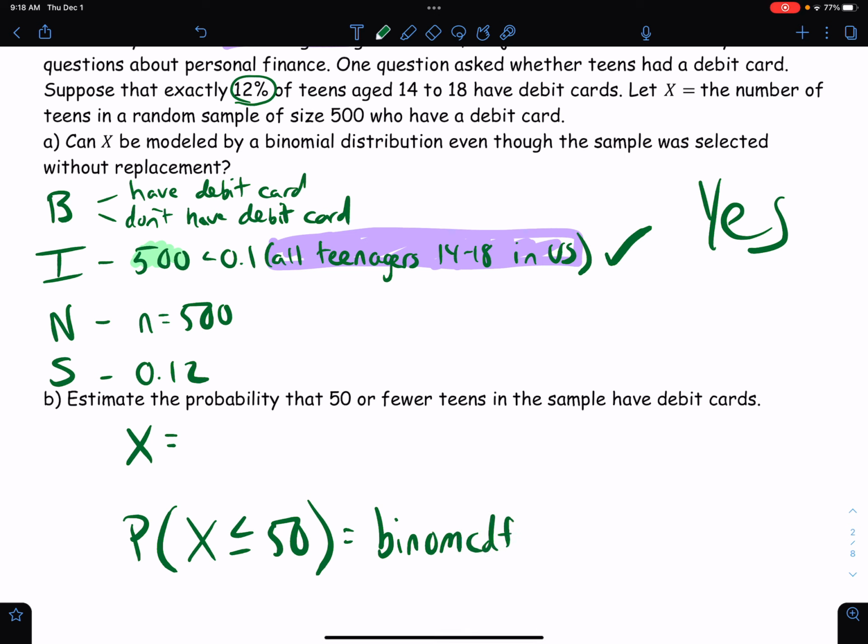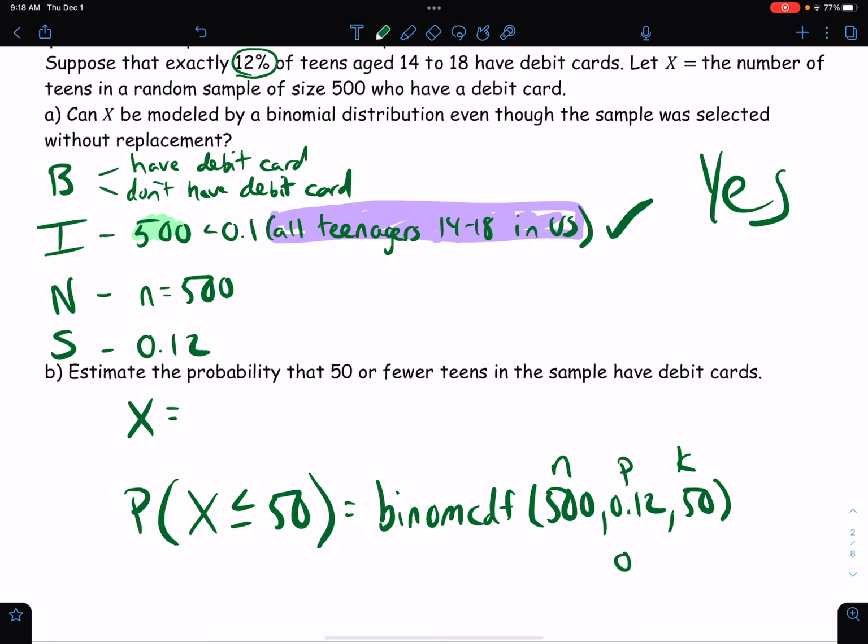We're not just counting 50, so it's not going to be PDF. 500 is our sample size, 0.12 is our probability, and we want to go all the way up to 50. Put that in the calculator. You should get 0.0932 as our answer. Let's go to the next page.